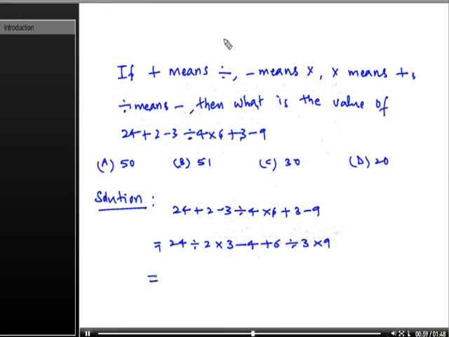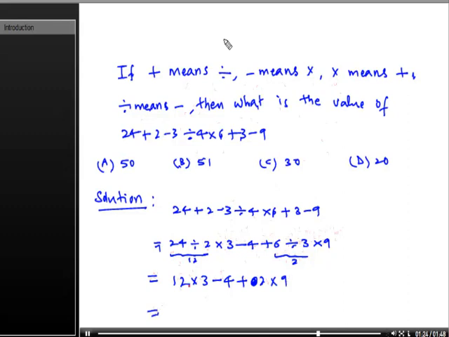This further equals, here division occupies the first preference. Therefore 6 divided by 3 will be 2. And 24 divided by 2 will be 12. Now we will write the rest of the numbers. 12 into 3 minus 4 plus 2 into 9.